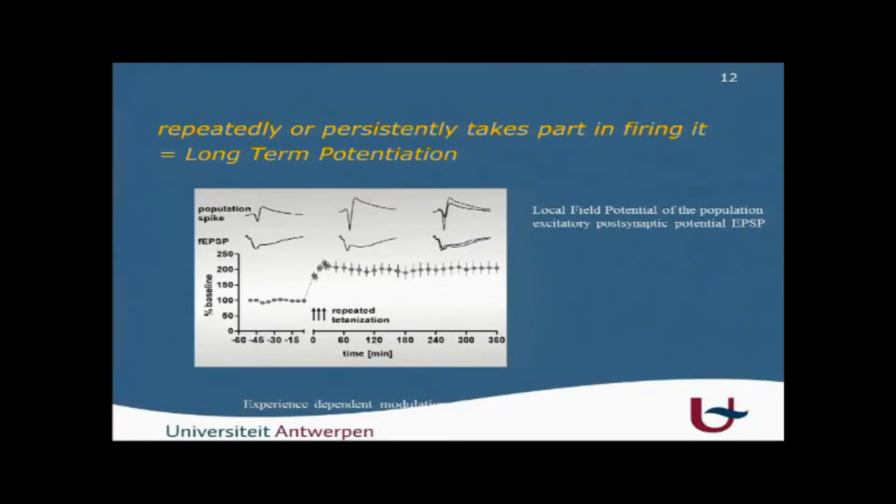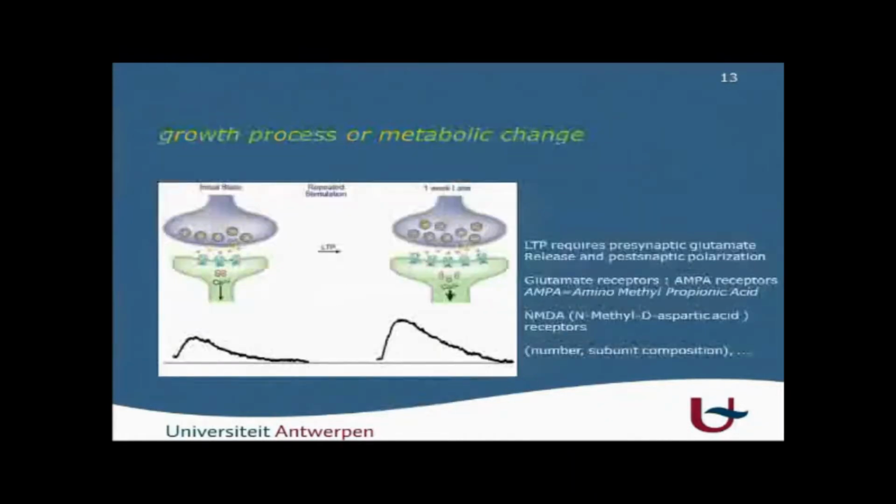What is shown here are local field potentials, but you can see that when you do repeated stimulation from one neuron firing to another one, for instance, or you do this electrically, of course, then you can see an increase in activity in the next neuron. When you do this persistently, you induce growth processes or metabolic changes. And this is what's shown on this slide.